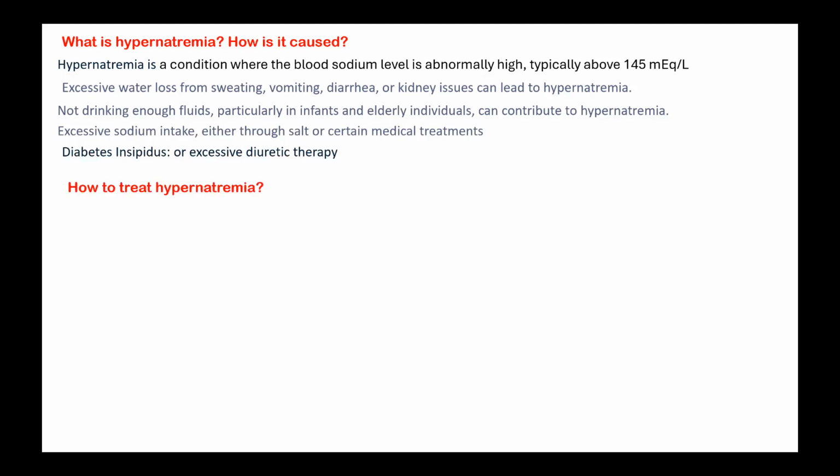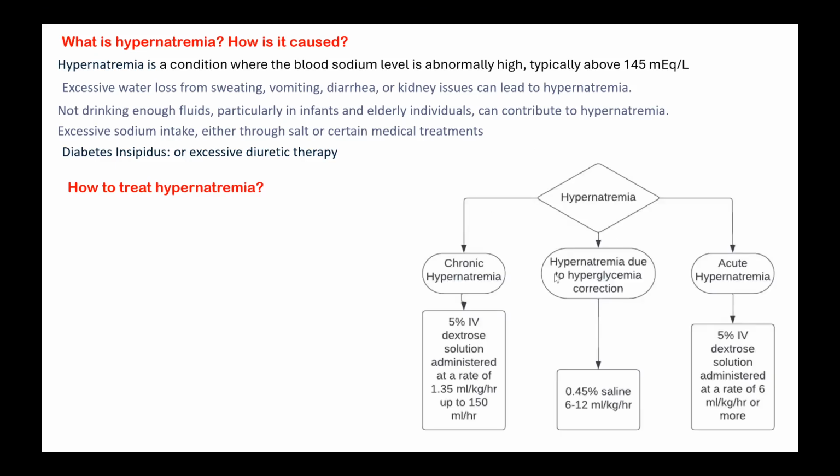So how to treat that? Here we have to again assess whether the patient is hypovolemic, normovolemic, or hypervolemic. It can also be chronic hypernatremia, hypernatremia due to hyperglycemic correction, or acute hypernatremia. So the main thing here is to replace the water deficit.